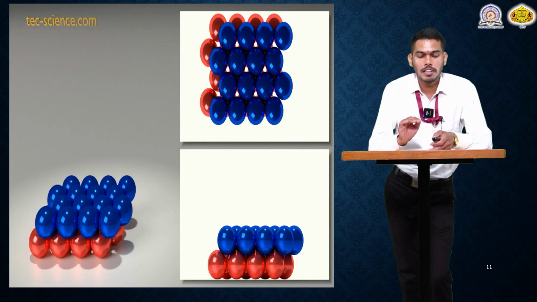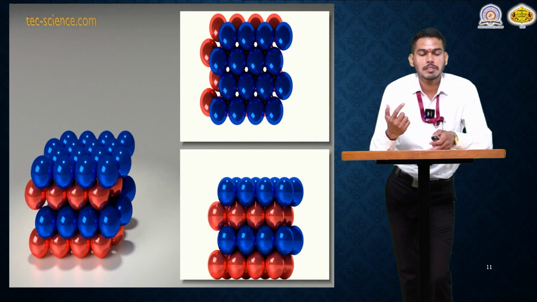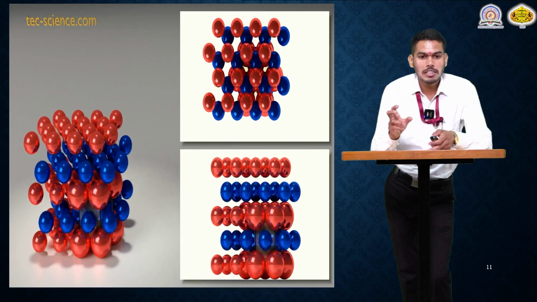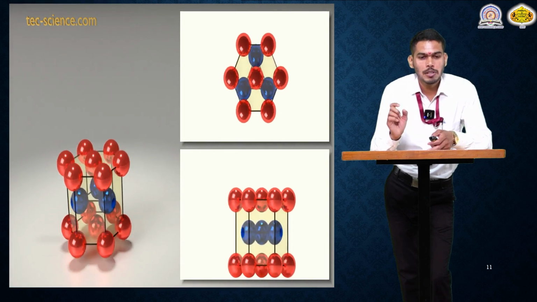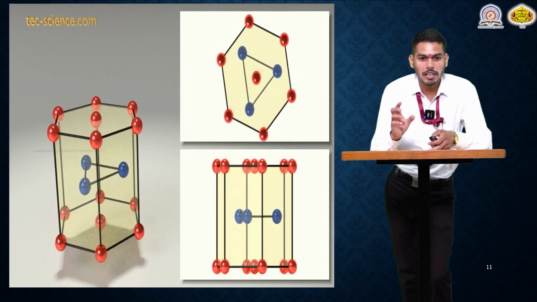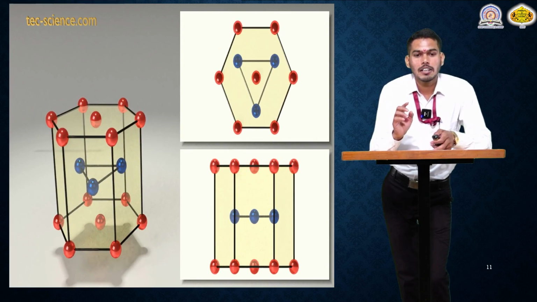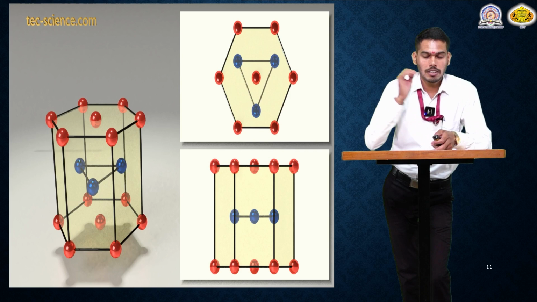We have an A type of atom, then a B type of atom, then again A, then again B, then again A. So these systems are formed as an ABAB system, in which the atoms are arranged in such a way that they form a hexagonal crystal system. Here we have a set of red atoms, then a set of blue atoms, then again a set of red atoms, which are stacked on each other and form hexagonal close packing.